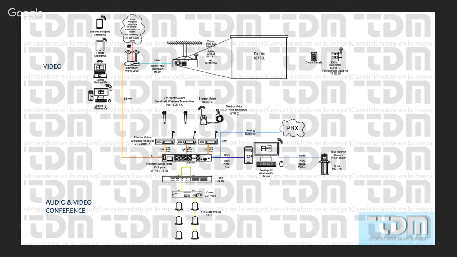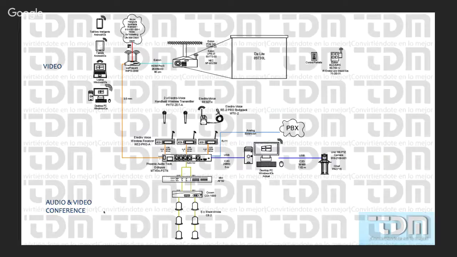It will come to the input of our mixer from Phoenix, and then it will come out to the speakers. So we will hear the local video through our speakers. So we have resolved here the local audio.